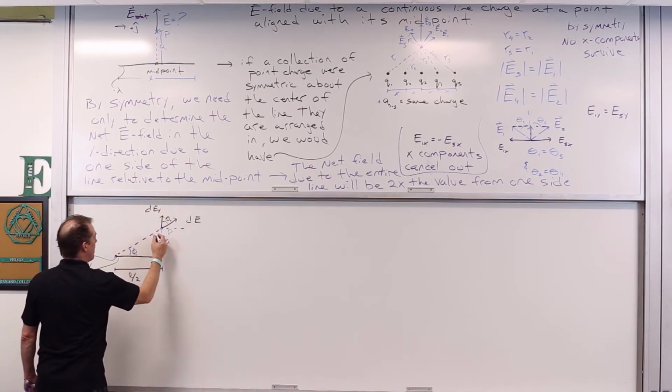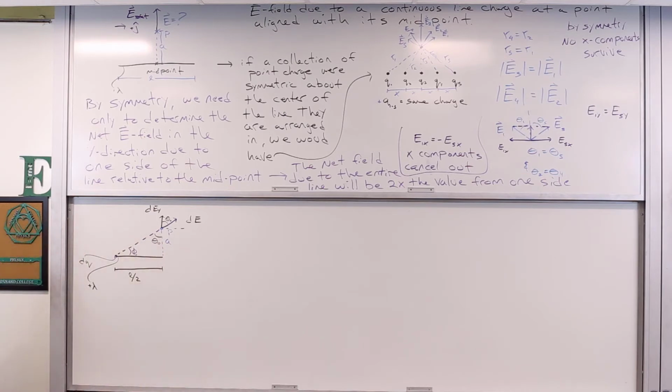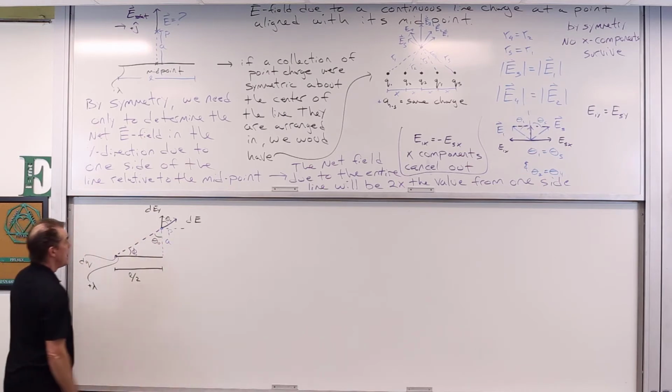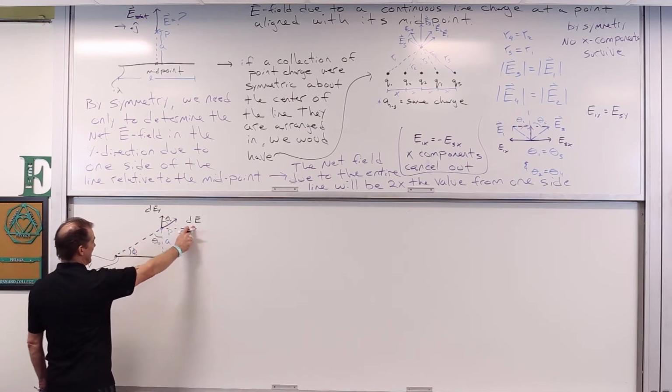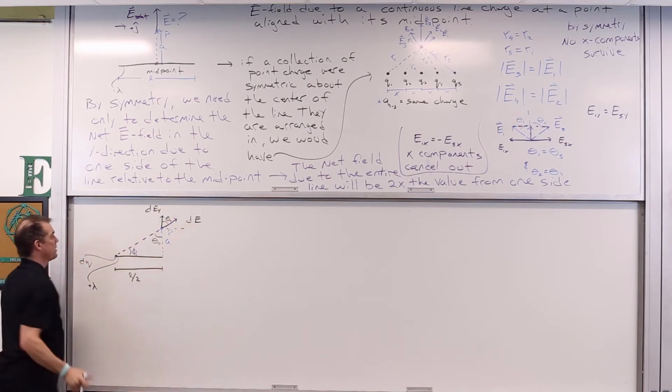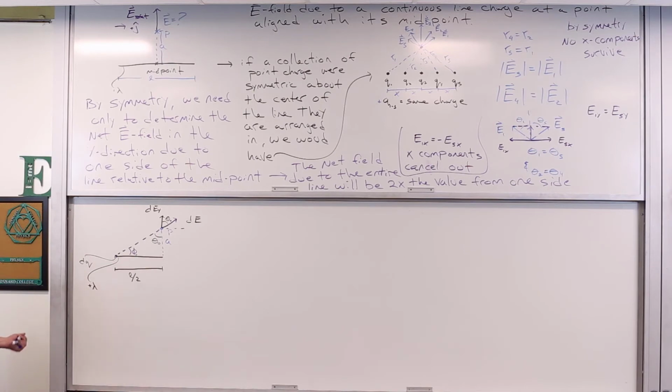And that angle there is this same angle right there. And moreover, if we take the cosine of this angle and multiply it by this dE, we've got ourselves the y component. That's pretty cool, huh?